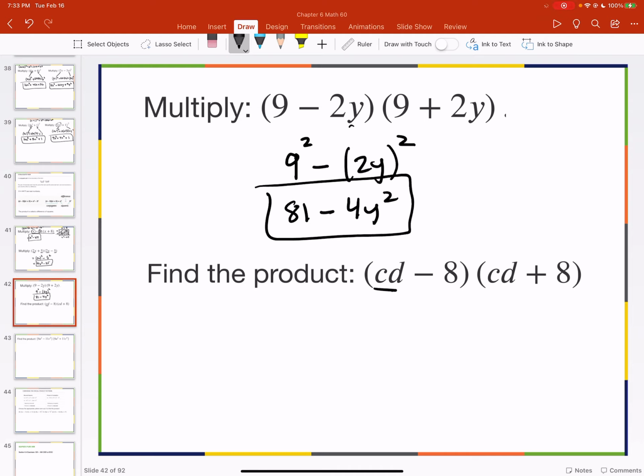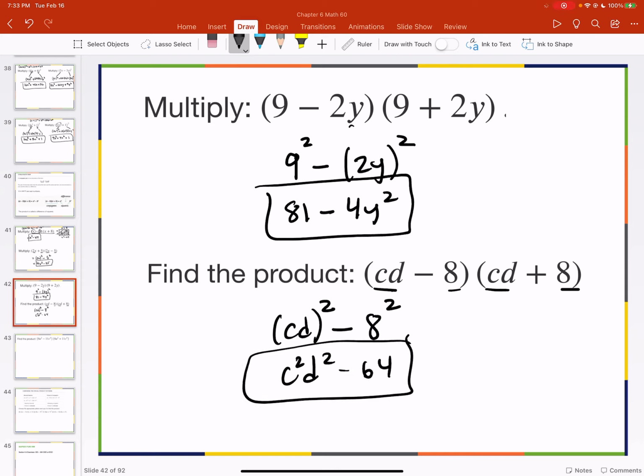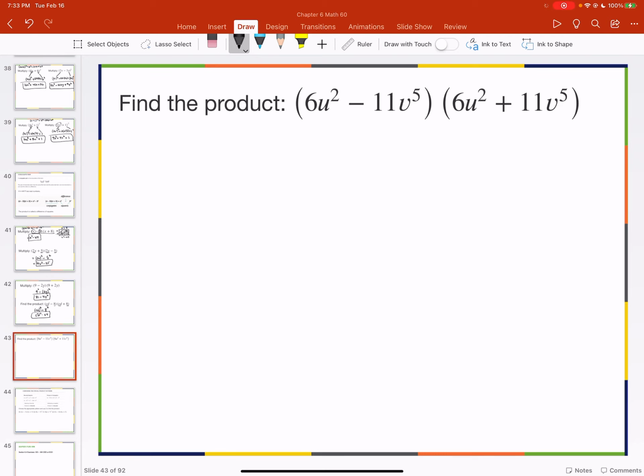So a minus b, a plus b, right? So it would be cd squared minus the second term squared. So that's just c squared d squared minus 64, and that's it for that one. One last one. So this is again 6u squared minus 11v to the 5th, 6u squared plus 11v to the 5th, so they're exactly the same.